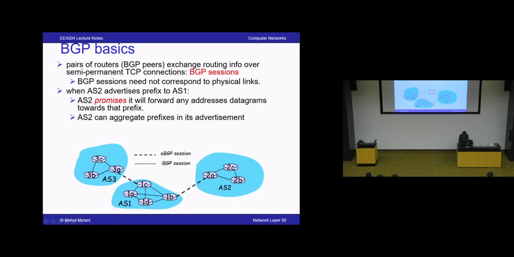Again, what they're doing is propagating reachability information. Remember that routers work by doing longest prefix matching, and these forwarding tables are storing prefixes.